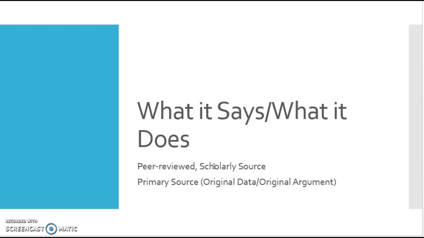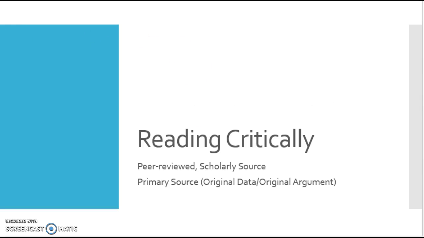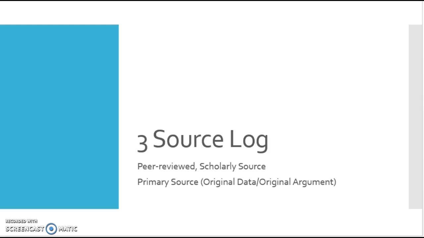They also usually are pretty long. So if your source is less than 10 pages long, it probably isn't one of these resources. Make sure you're double checking that. If you did use a peer-reviewed scholarly source for this assignment, as well as for the reading critically assignment, then you have 2 sources for your final paper read and ready to go.